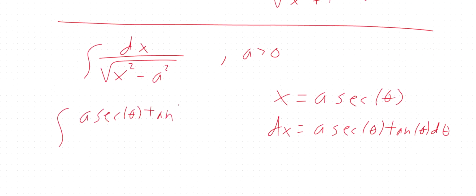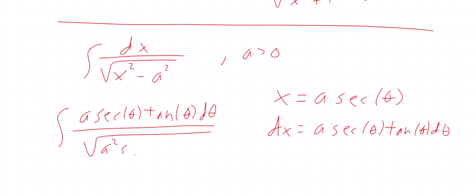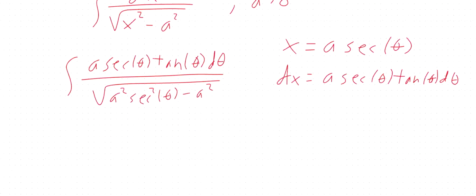Put in stuff for our dx. And then our bottom, it's going to be an a squared secant squared minus a squared. All right. Factor out your a, and that bottom becomes a secant squared minus 1, which becomes a tangent squared. Square root it.